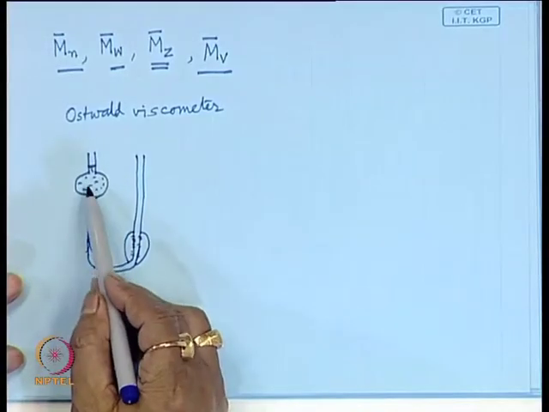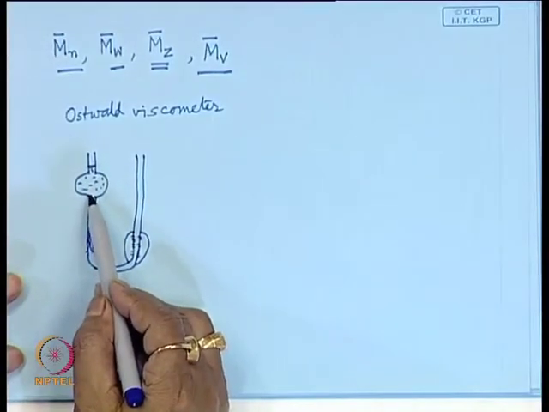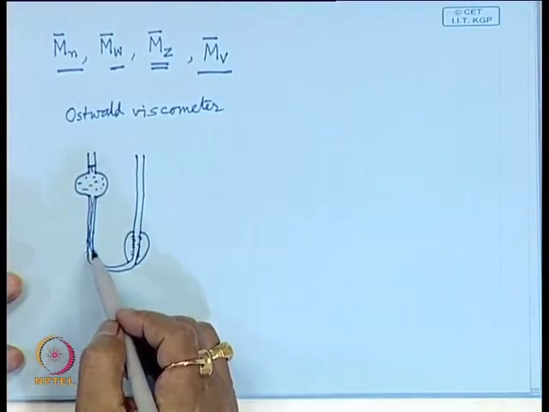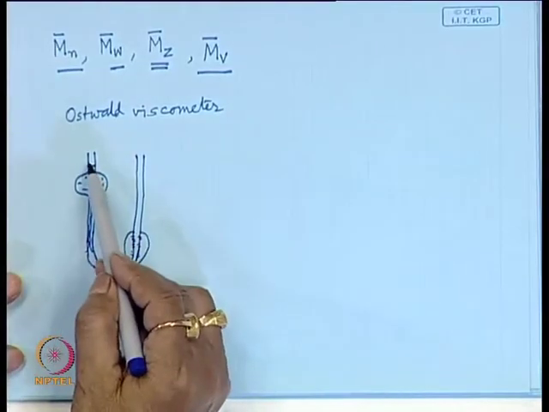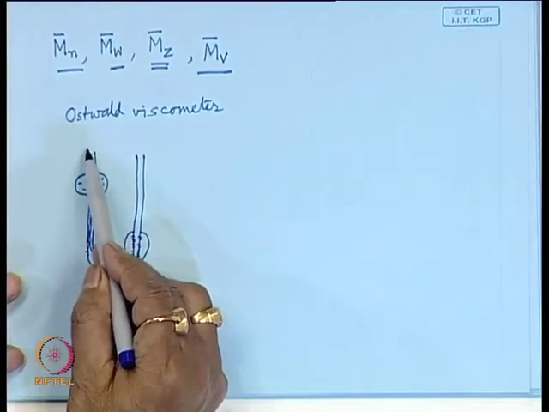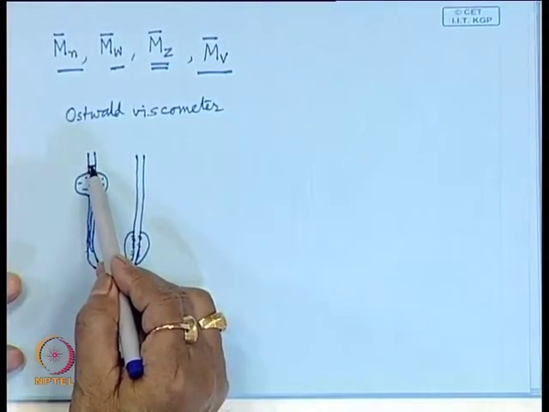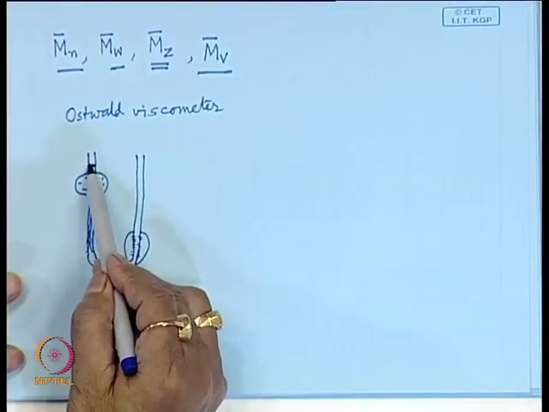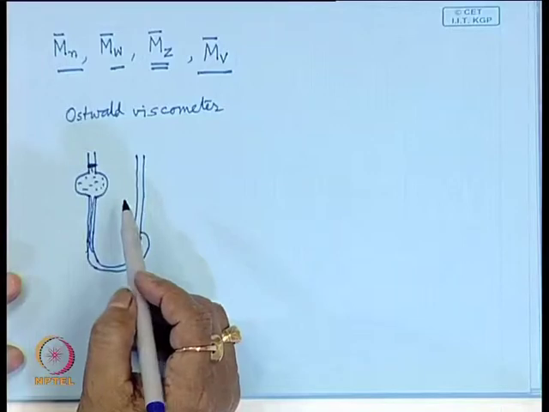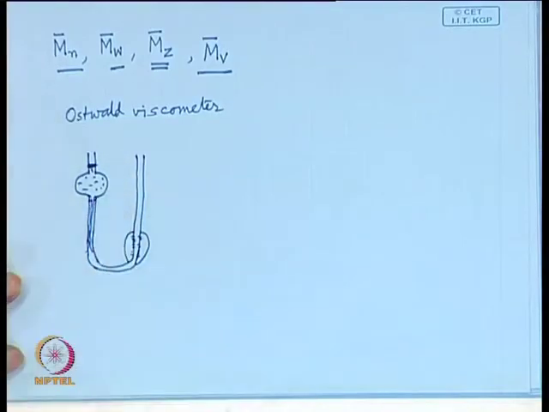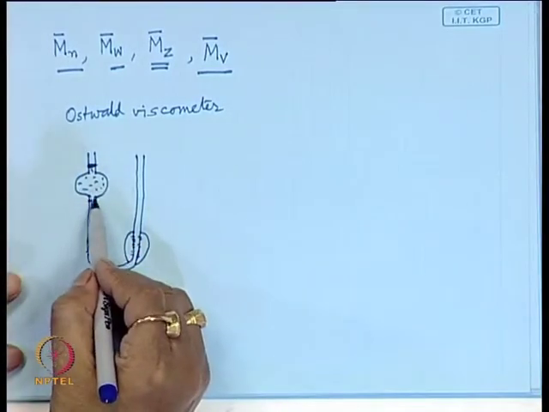So, when this liquid passes through this capillary by the action of gravity, you can measure the flow time. You take a stopwatch, you suck the liquid through this limb, raise it beyond this level, then you start counting time when the meniscus starts coming down from this level, okay, till it crosses this another mark over here.